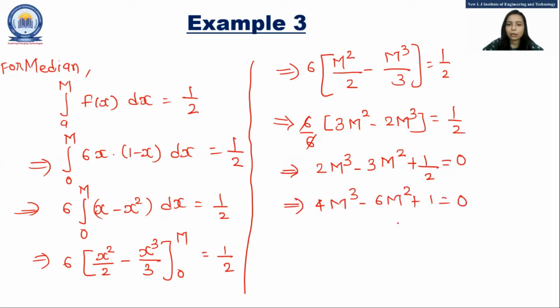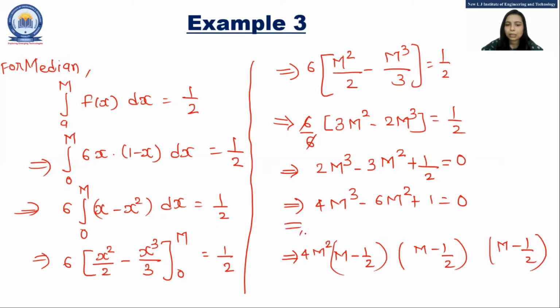Now the one root for this is 1 by 2. So m minus 1 by 2 into, and the other factor is obtained by division: 4m cube minus 2m square minus 4m square, minus 4m plus 2m minus 2m.